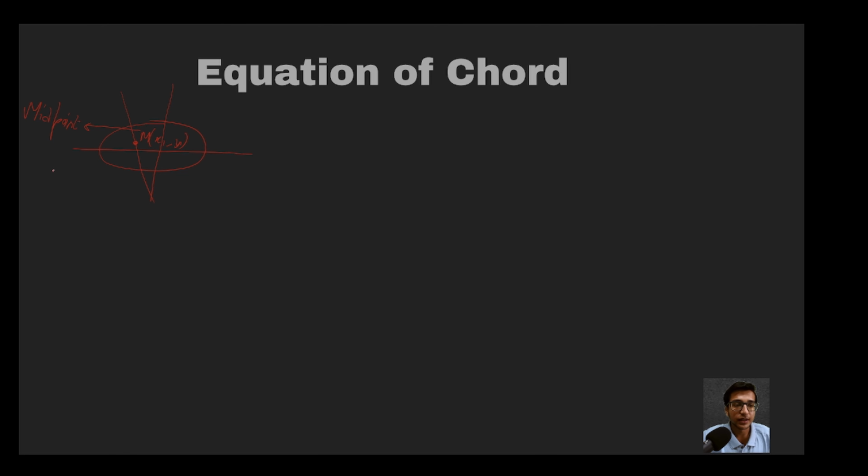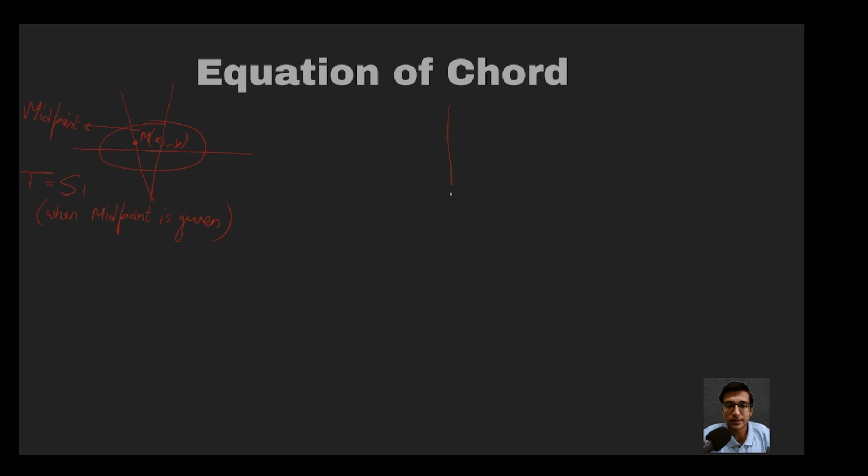If the midpoint is given, then what is the formula of the equation of this chord? We can write it as T is equal to S1, when the midpoint is given.